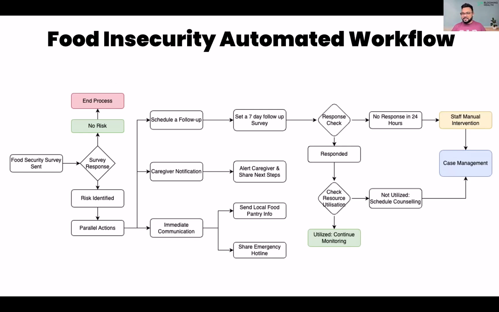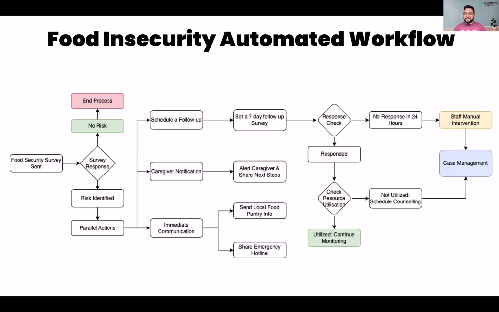If they haven't started utilizing it, if they mention that on the survey, counseling is scheduled for them. And if they don't reply within 24 hours of a survey being sent to them, a staff member is notified that there needs to be a manual intervention.